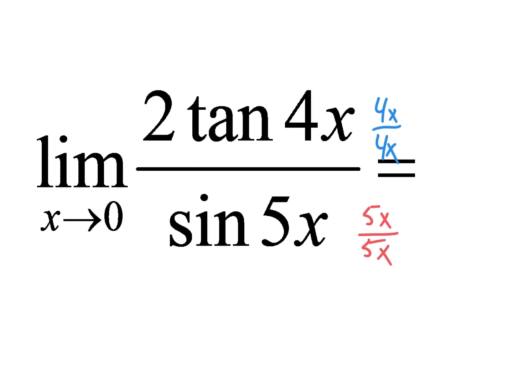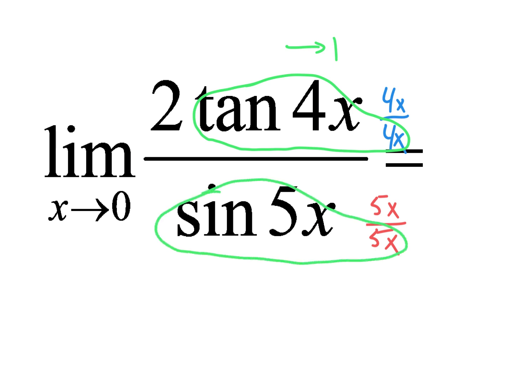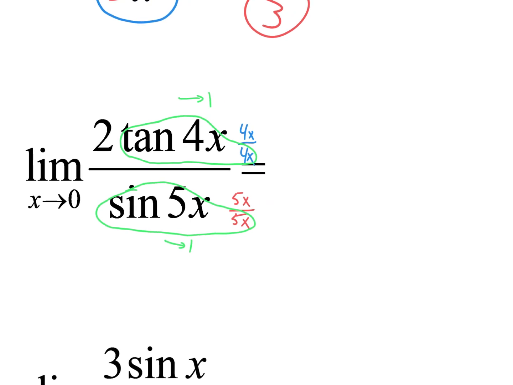Now here's what's going to happen. I have tangent of 4x over 4x right here, and that will approach 1. I have sine of 5x over 5x right here, and that will approach 1. So as I'm evaluating this limit, what I really have is the limit as x approaches 0 of 2, and this tan 4x over 4x approaches 1, so I don't really need to worry about it.